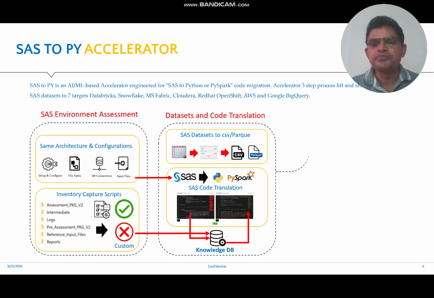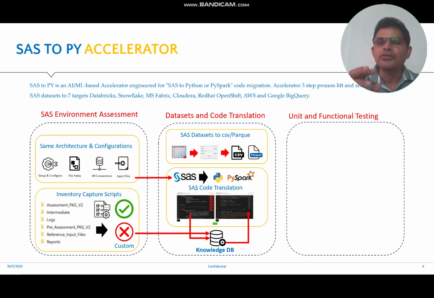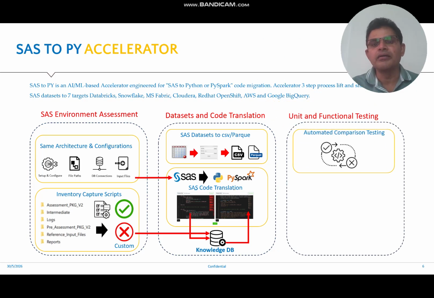And the next step, unit testing and functional testing. So if you look at testing, the validation point is you need to produce the same as the SAS code, right? So whatever SAS is producing, the same thing you have to produce here in Python.